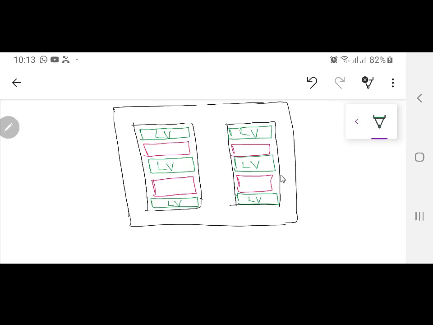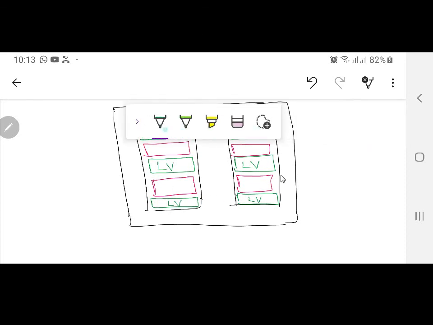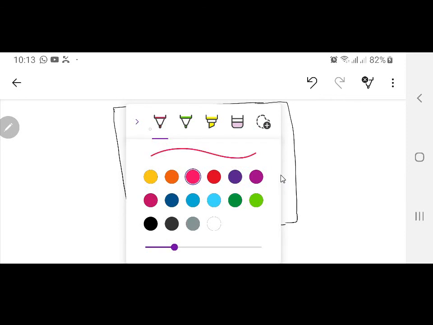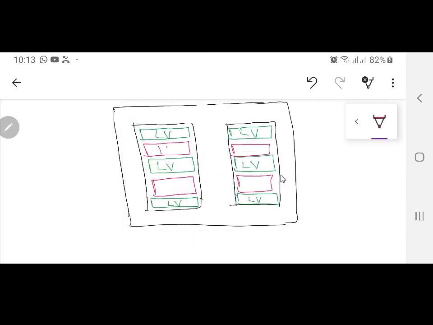You have this low voltage and high voltage winding, and this type of winding which you are seeing at present, in which the windings are separated and sandwiched in between each other, is called a sandwich winding. Okay, different types of winding names will come when we actually do winding design, but this type of winding is called a sandwich winding.